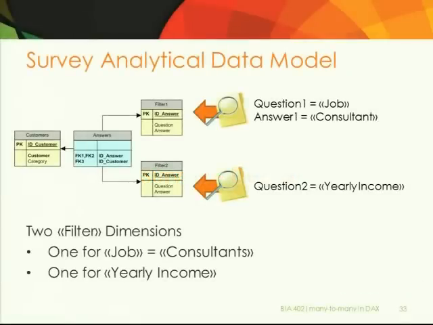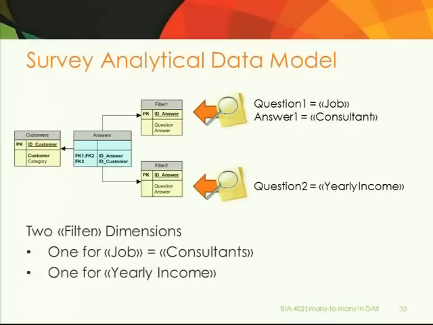First of all, the analytical data model that we are going to use is slightly different. As a first step, I have merged question and answers, customer and categories, so that I created a dimensional model. But then we need two filter dimensions because we are going to use two different questions for our data model.